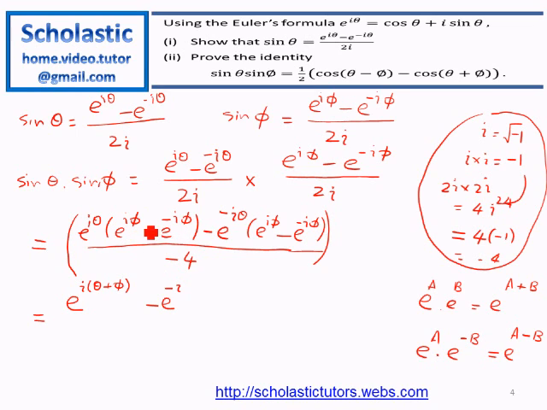If you keep it in, that means e to the i theta times i phi, so if you put positive here, what you get is theta negative phi. And next one, e to the negative i theta times e to the i phi is equal to e to the negative i theta minus phi.